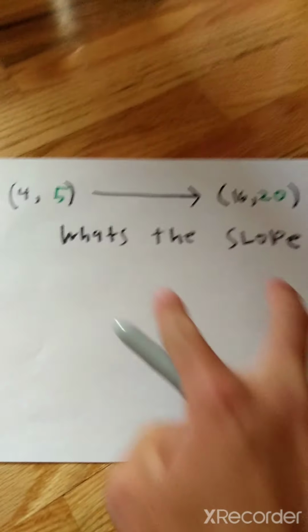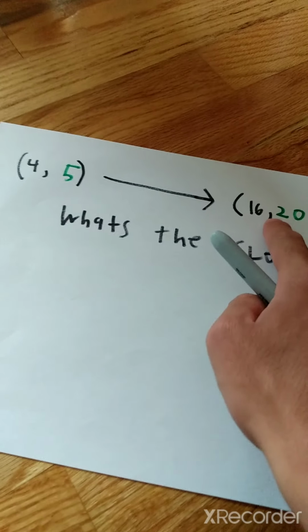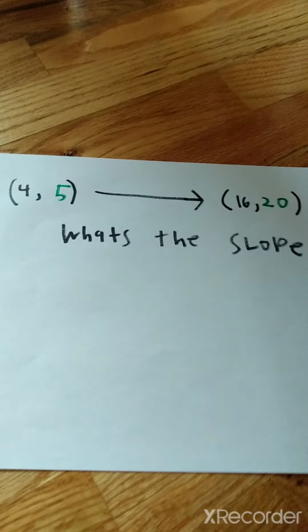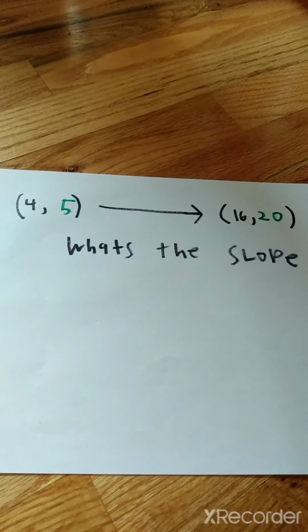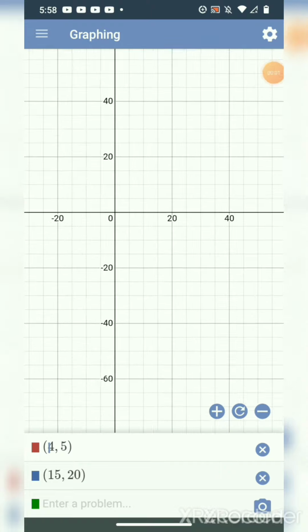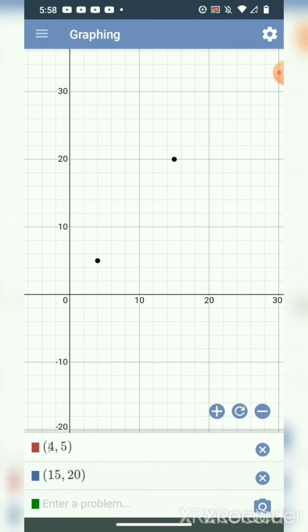With the two points, first we'll have to graph them. With this point and that point, the graph would look like this. Here are the two points on the graph. What we're supposed to be doing is finding the slope of that graph. So we're going to connect the two dots together, and then we'll make a slope, just like fixing wires in Among Us.